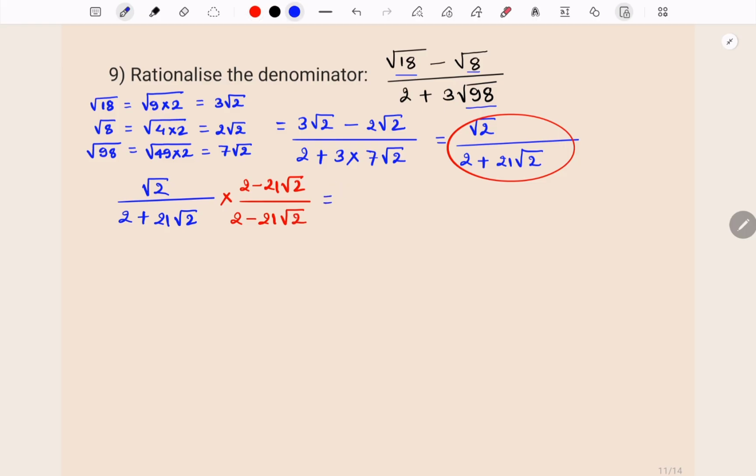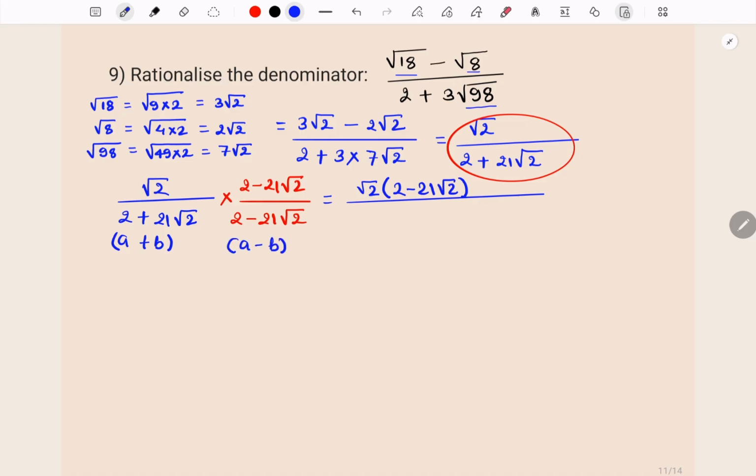Now let's simplify the numerator and the denominator. In the numerator, I have root 2 times 2 minus 21 root 2, right? And in the denominator, we have a plus b multiplied by a minus b.